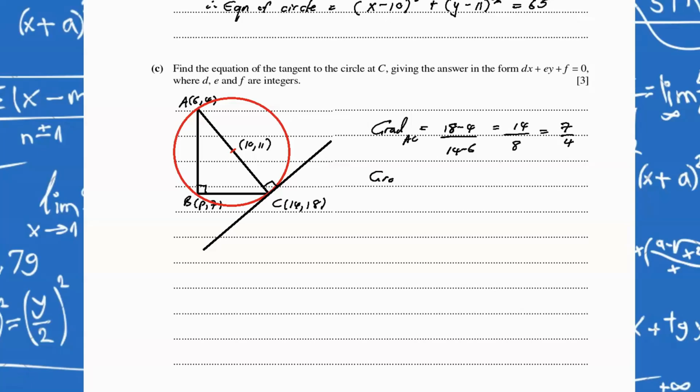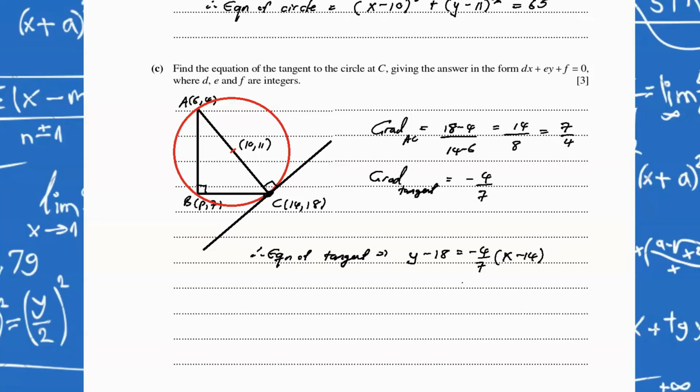So gradient then of tangent at C will be minus 4 over 7, which is the negative reciprocal. And it passes through the point 14, 18. So therefore, the equation of tangent should be y minus 18 is equal to minus 4 over 7 of x minus 14.